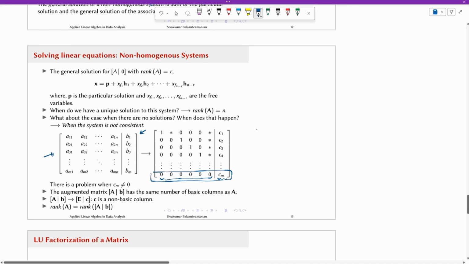Yeah, this is what I should say. The number of basic columns equals number of columns, not rows. Number of columns, then you have a unique solution. When it's less than the number of columns, then you have non-basic columns.